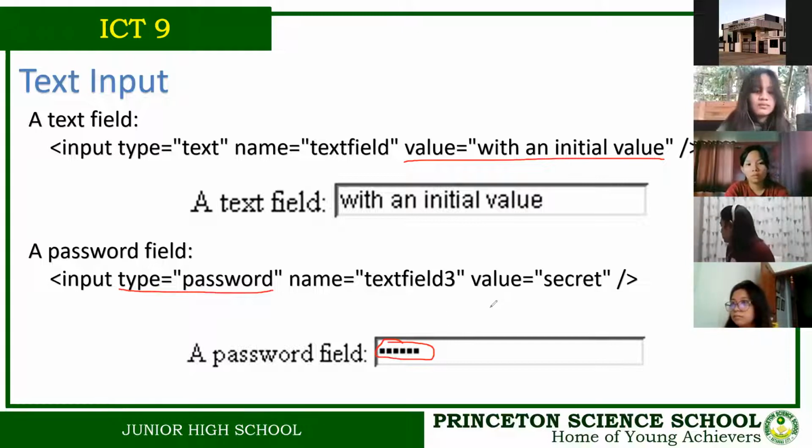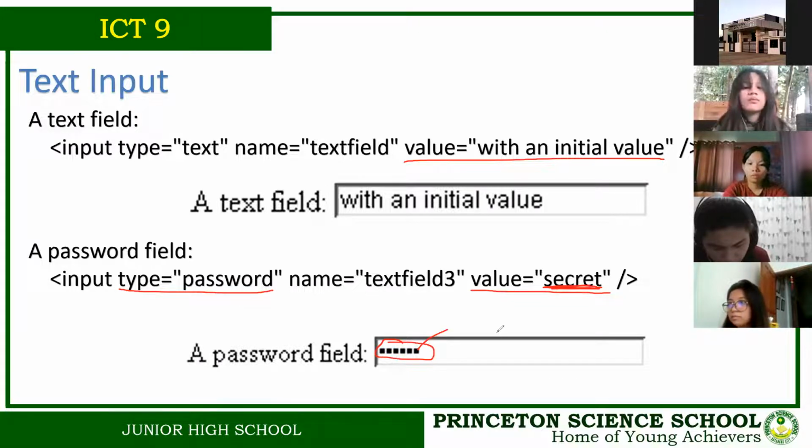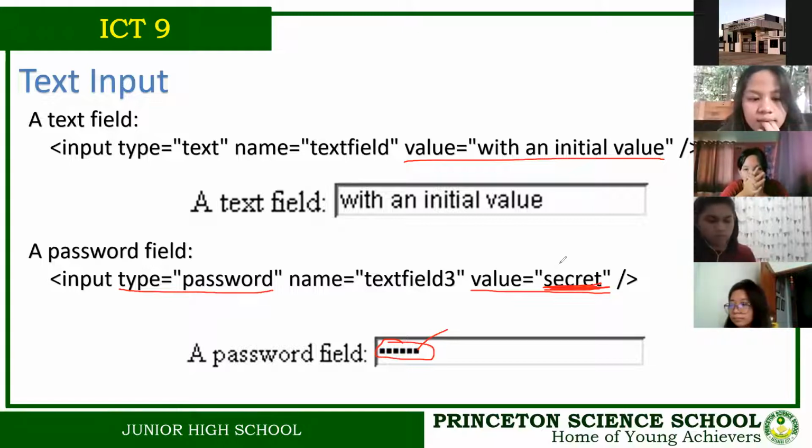We can also apply the value formatting attribute, which is still reading the word but covering it under the bullets. So if you have a word in the value, let's say secret, how many digits does it have? 1, 2, 3, 4, 5, 6.